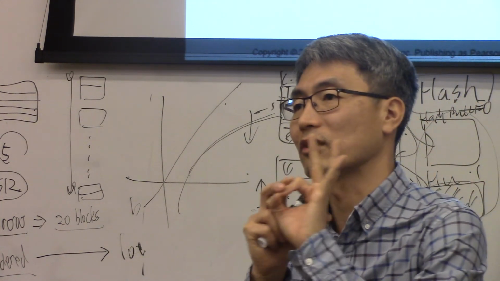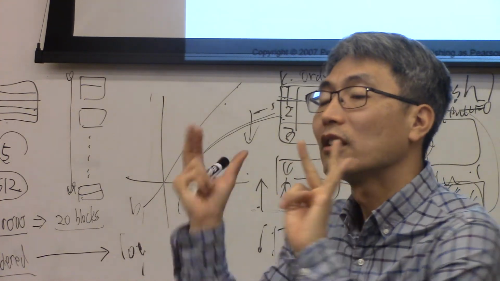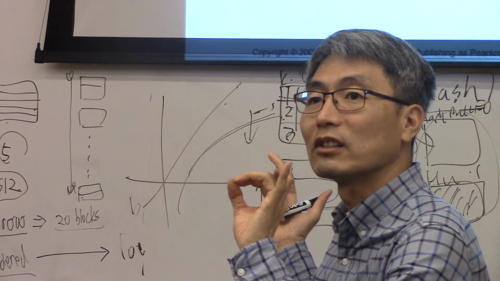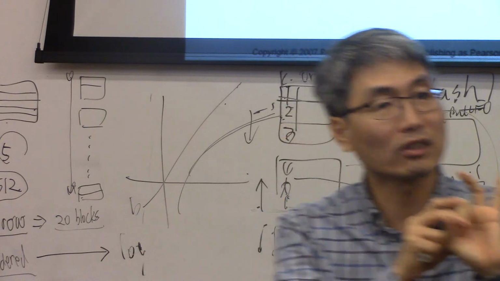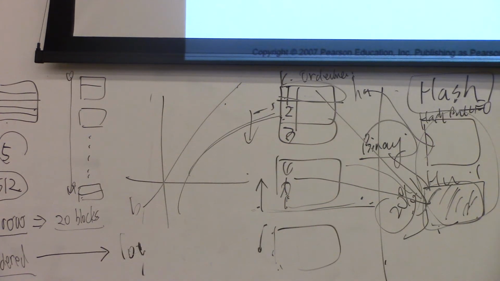And another one is the indexing structure. From the data structure point of view, we can speed up access to the data. We will see in the next class what the indexing structure is and how we can speed up.